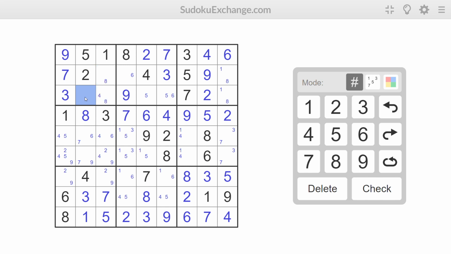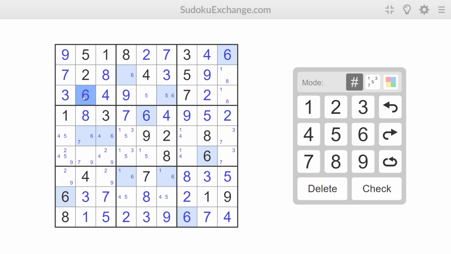Now in this cell, we can't have a 4 and an 8. A 4 sees this cell and 8 also sees this cell. So we're left with only 6 which can go in here. There's only one candidate of 4 here. Let's put a 4 here, which leaves us with an 8 here.